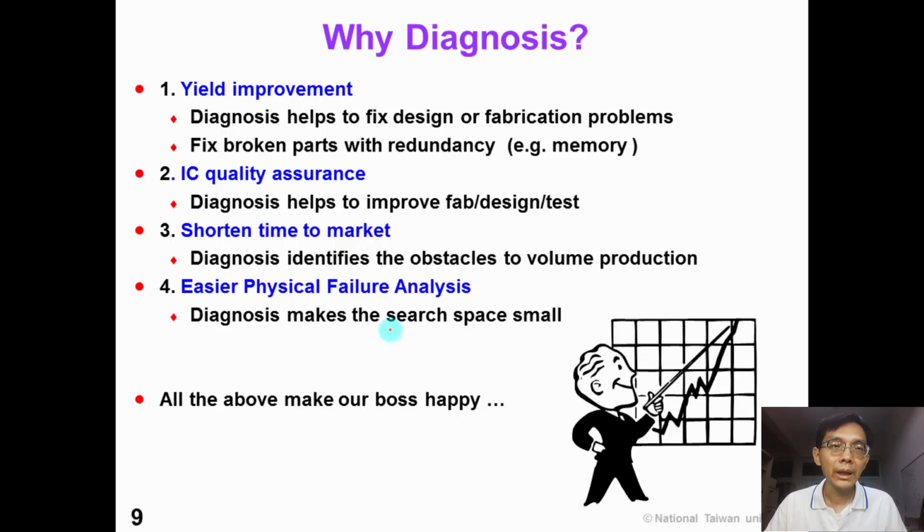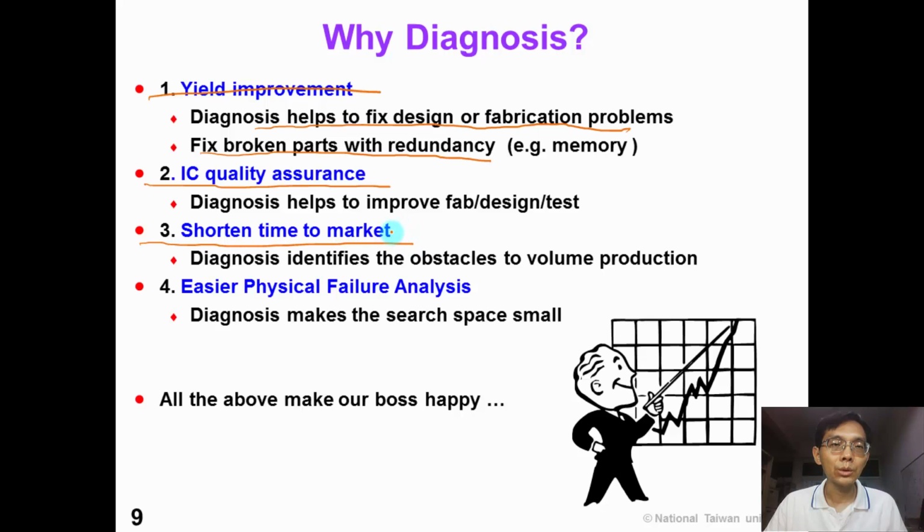So why do we need diagnosis? First of all, we want to improve our yield. As we have shown in the real-world case, diagnosis helps to fix design or fabrication problems. In the case of memory, we can even fix the broken parts with redundancy. Number 2 reason, we want to assure the quality of our IC so we do not sell bad chips to our customers.